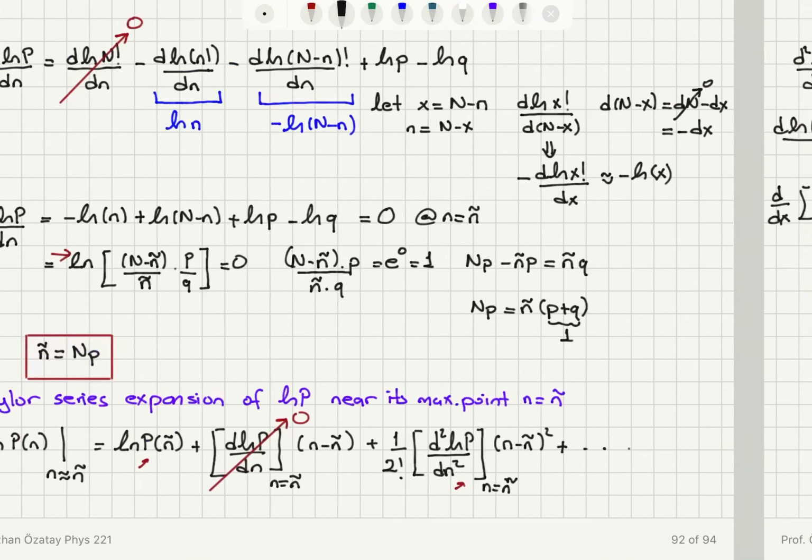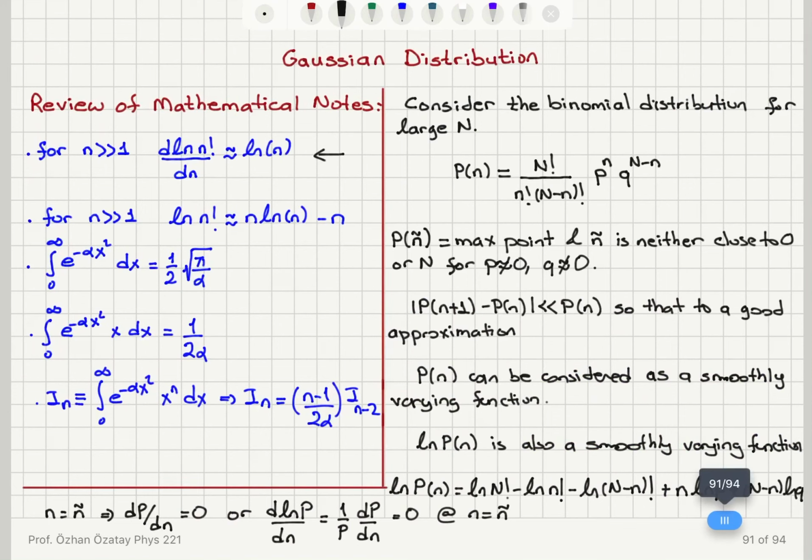Now let me go back to my mathematical review. The integral from 0 to infinity, so I have this result here, of e to the minus alpha x squared dx is 1 over 2 square root pi over alpha. And remember, this is a symmetric function around x equals 0, the y-axis.